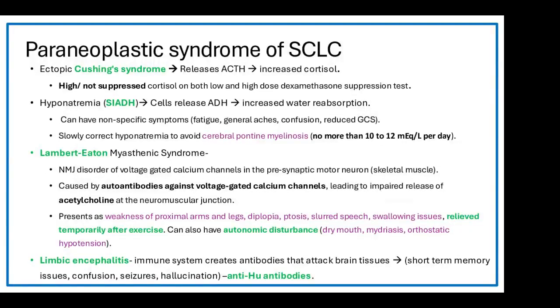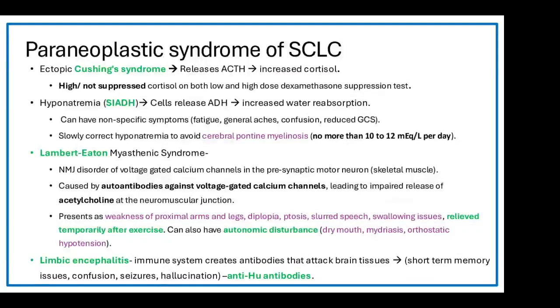And one of the features with this type of weakness is that it improves temporarily after exercise. The way to differentiate Lambert-Eaton myasthenic syndrome from your regular myasthenia gravis would be that these can have autonomic features like dry mouth, orthostatic hypotension, maybe urinary retention as well.